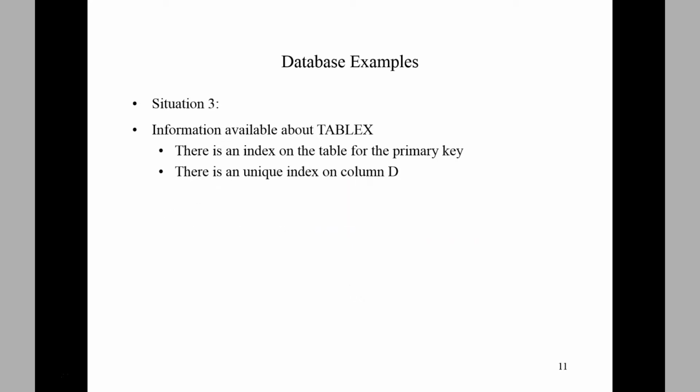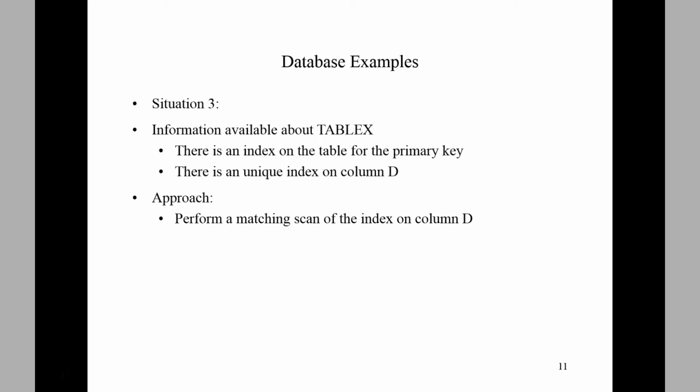Slightly different situation here. Again, we have the index on the primary key, column K, and that's a unique index. The index on column D in situation 3 is now a unique index. It makes a great deal of sense for the system to consider evaluating D equals 100, the predicate in the query, by using this unique index.